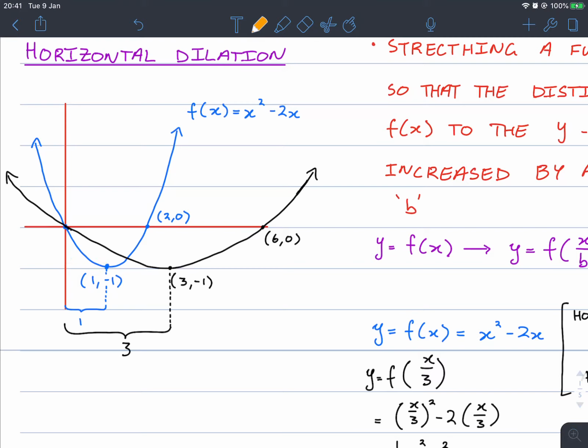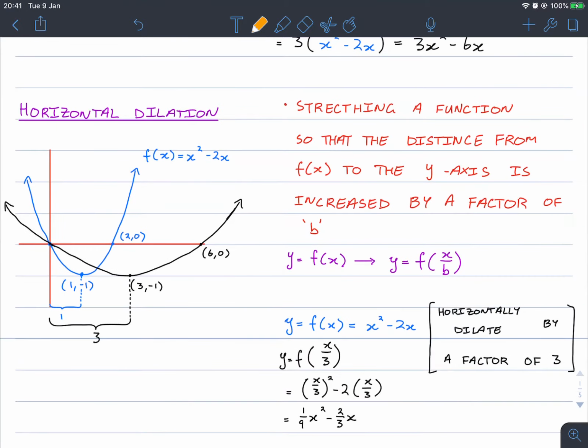If we stretch it by a factor of 3, the new distance from the y-axis is 3, because 1 times 3 is 3. Notice though that the distance from the x-axis remains the same. It's only from the y-axis.